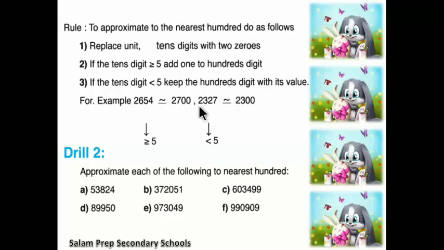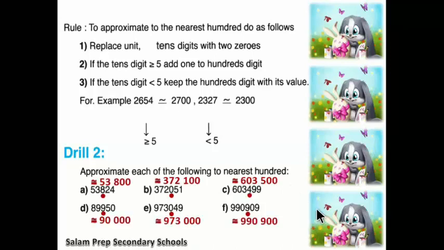So 2,327 is approximated to the nearest 100, 2,300. Let's solve drill 2. Approximate each of the following to the nearest 100. Try to solve these problems and check your answer.